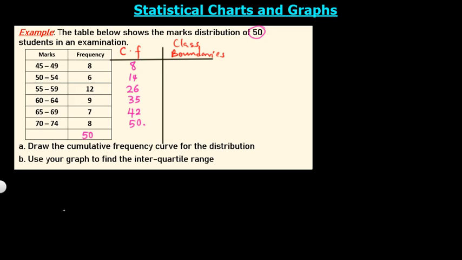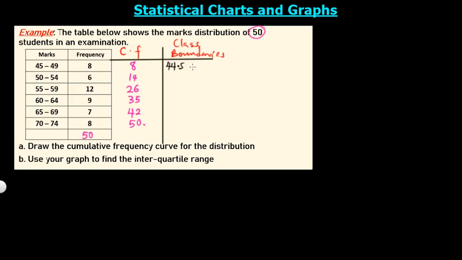By class boundaries, you remove 0.5 from the lower limit of the class interval to get the lower limit of the class boundary. So subtracting 0.5 from here, you have 44.5.